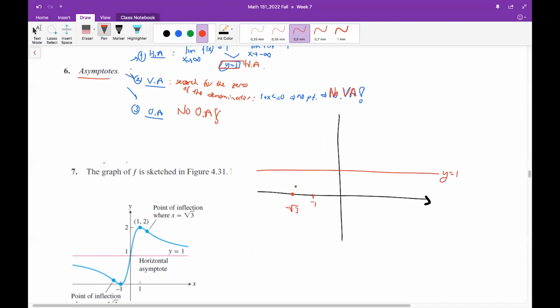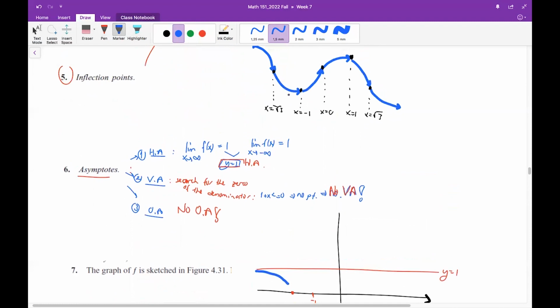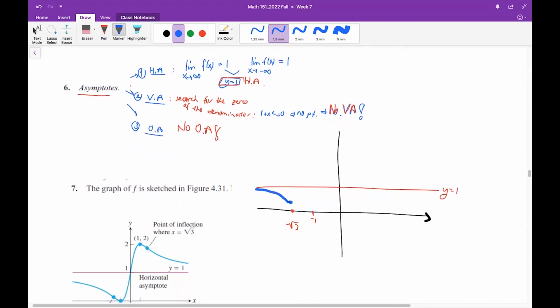And let's say this is minus square root 3. And now I am ready to draw the graph. So it does this decreasing behavior, and then it changes its concavity between minus square root 3 and -1, but still keeps decreasing and intersects the axis at x equals -1.